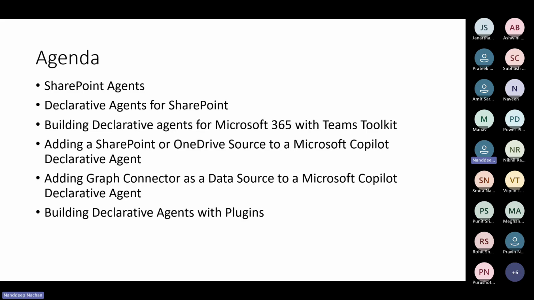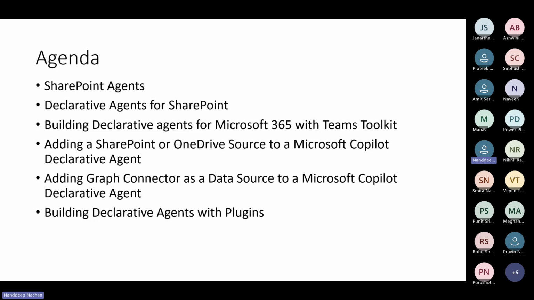All of the content management as well as collaboration that we do, mostly organizations use SharePoint. Microsoft has released agents for SharePoint, which are generally available, so you will be able to use that. You will need a Microsoft 365 Copilot license. We are going to look into what those SharePoint agents and declarative agents for SharePoint are, and how to create them.